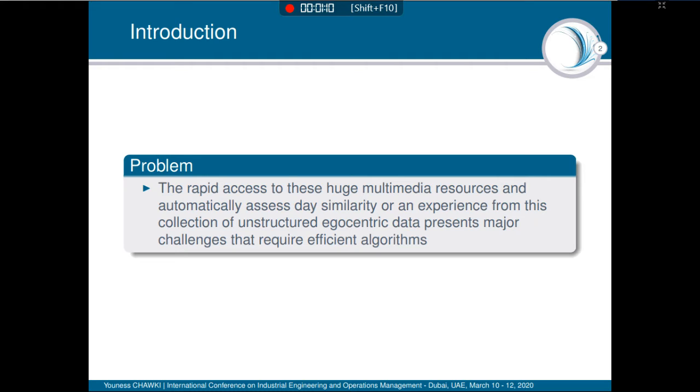So, the problem here, which presents a major challenge, is how to have quick access to these huge multimedia resources and also how to automatically assess the similarity of the tags.